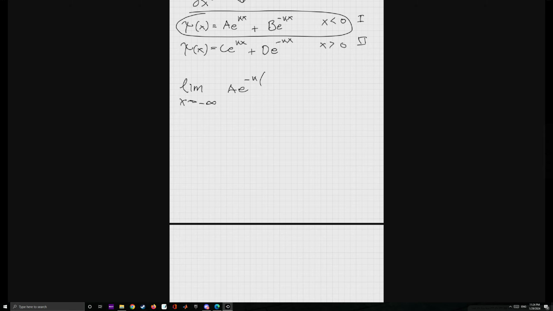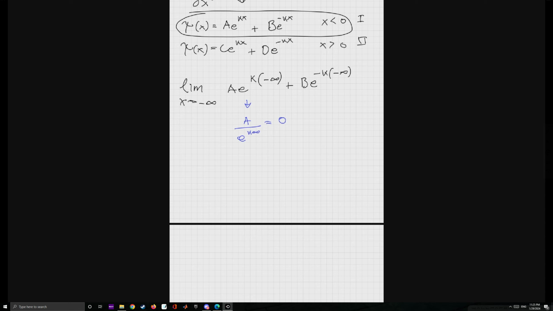Let me just write this like this. And b e to the negative k times negative infinity. In this case, this e to the negative k infinity can be written as a e to the k infinity, which just equals 0.